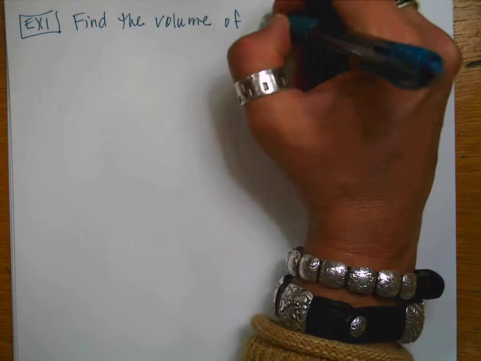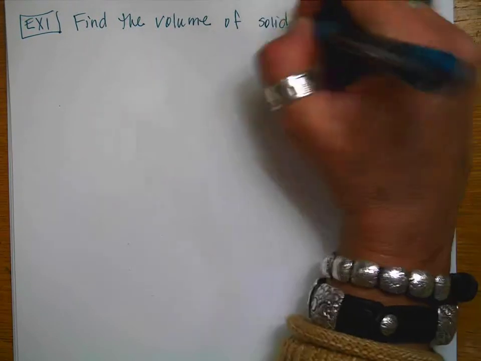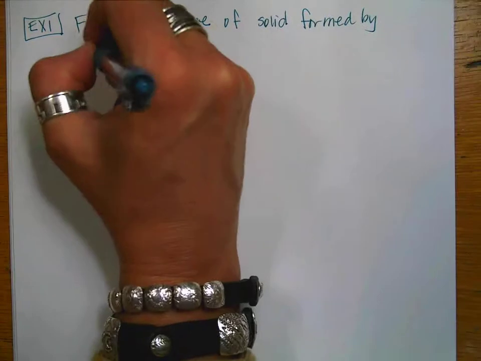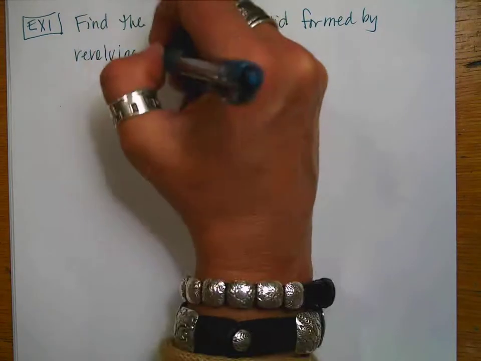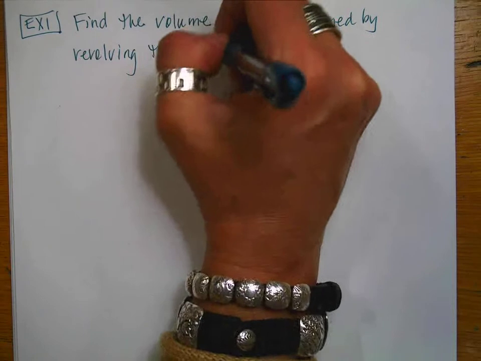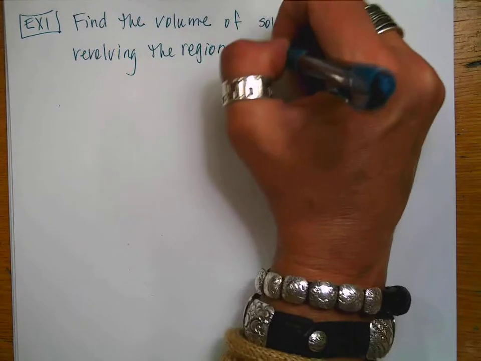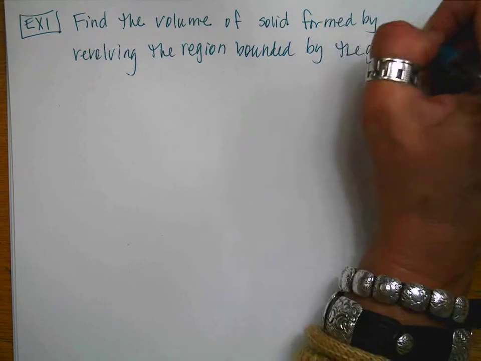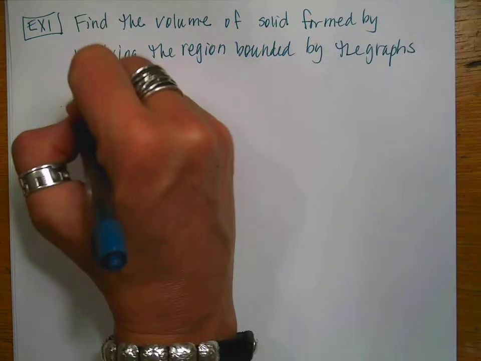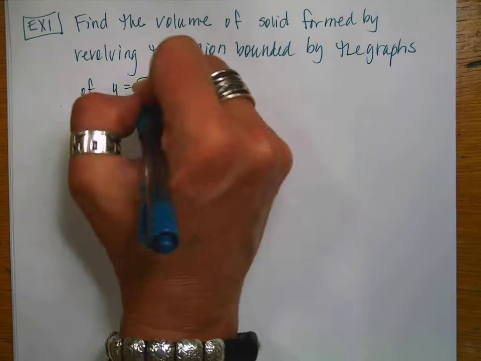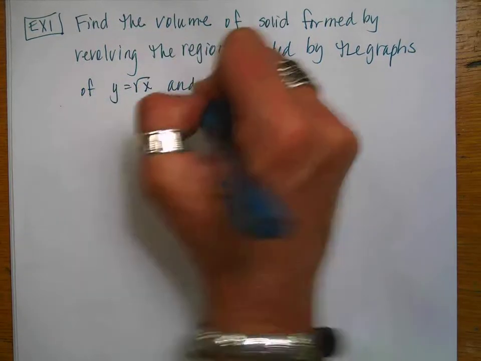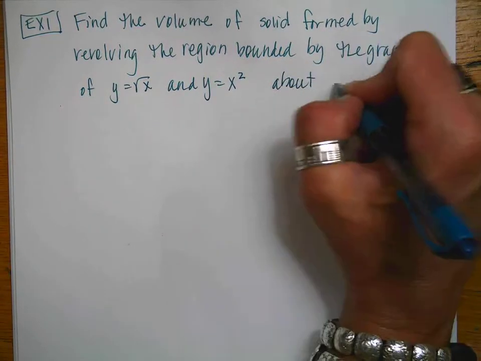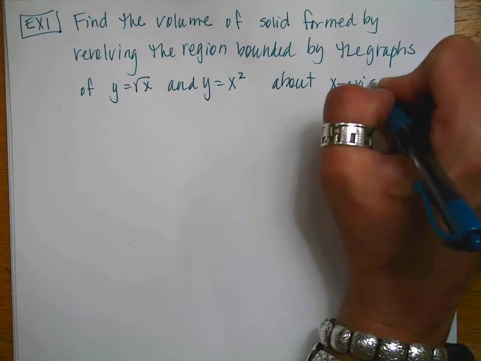Find the volume of the solid formed by revolving the region bounded by the graphs y equals the square root of x and y is equal to x squared, and again, they always have to tell us about which axis, the x-axis.